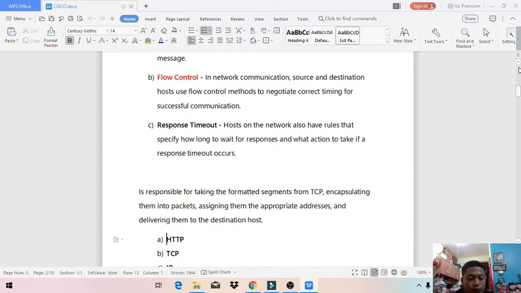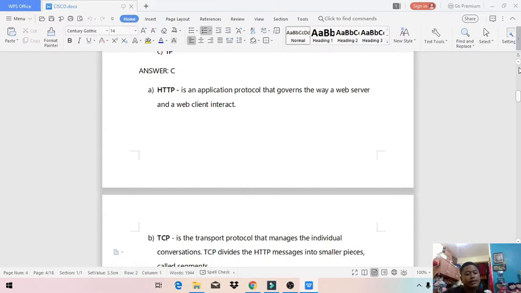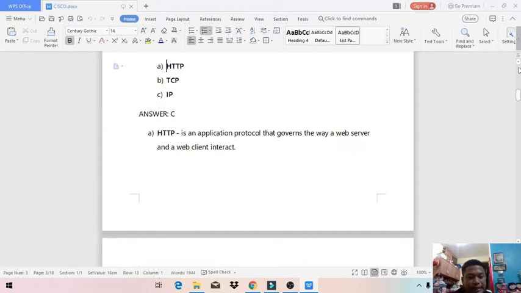Blank is responsible for taking the formatted segments from TCP, encapsulating them into packets, assigning them the appropriate address, and delivering them to the destination host. Letter A is HTTP, letter B is TCP, and letter C is IP. HTTP, or Hypertext Transfer Protocol, is an application protocol that governs the way a web server and a web client interact.